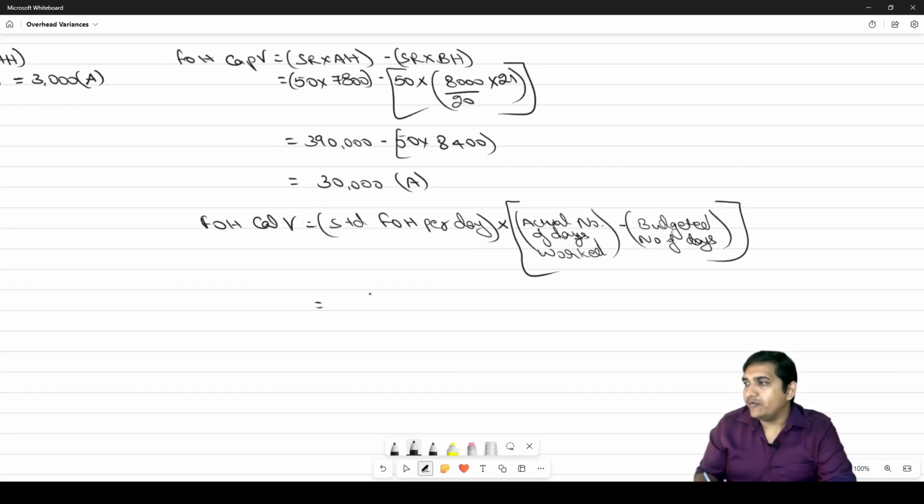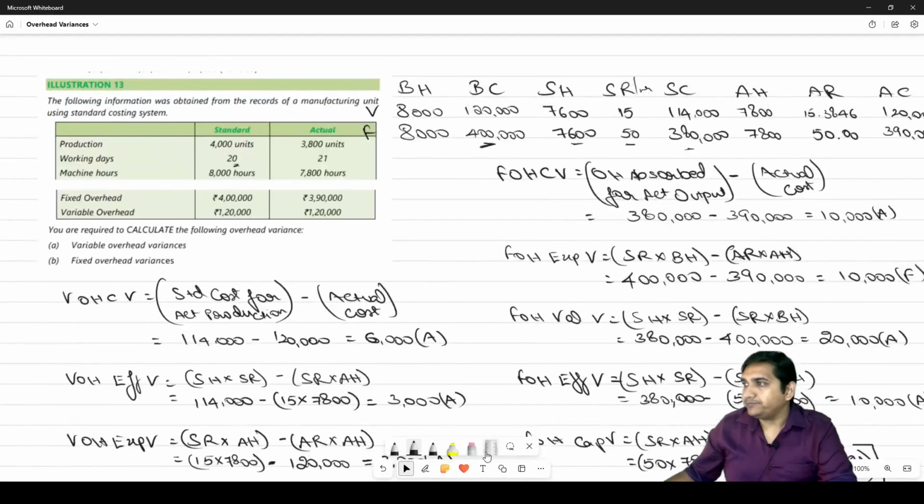So what we will do is we will take 4 lakhs divided by 20, multiply by actual number of days worked, 21, minus budgeted number of days, 20. The question here says the actual number of days I have worked is 21 and the budgeted is 20, right?